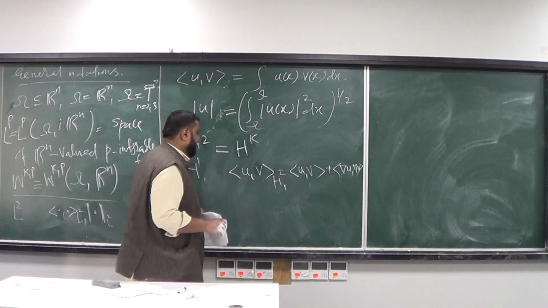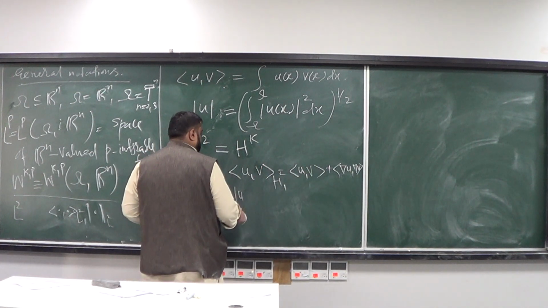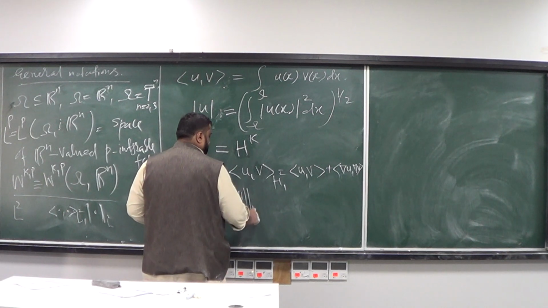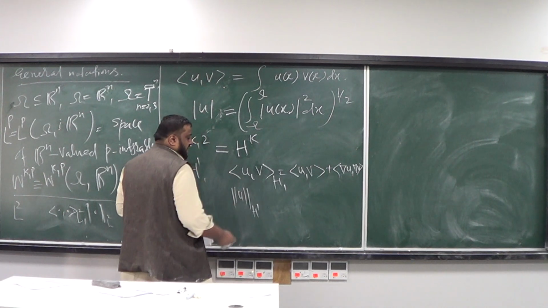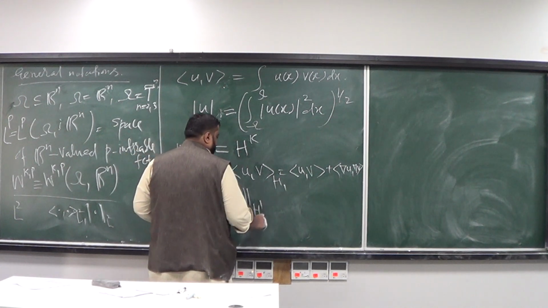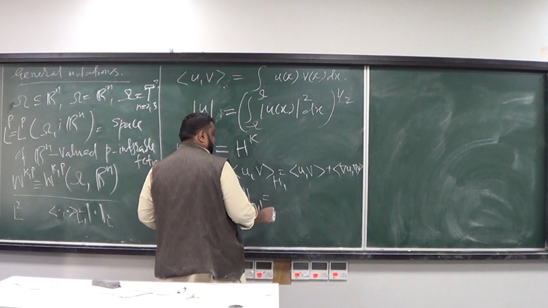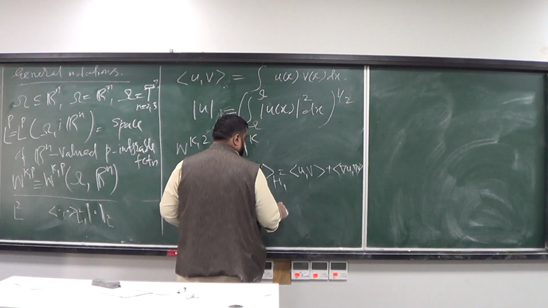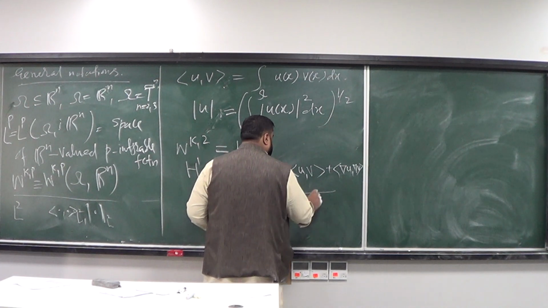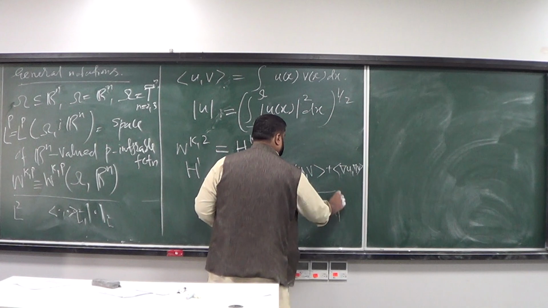And the norm in H1 is the square root of the norm of u squared plus the norm of the gradient of u squared.